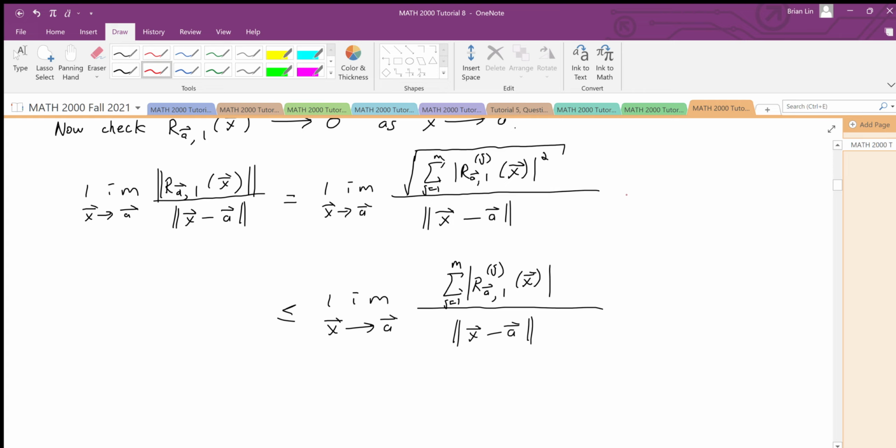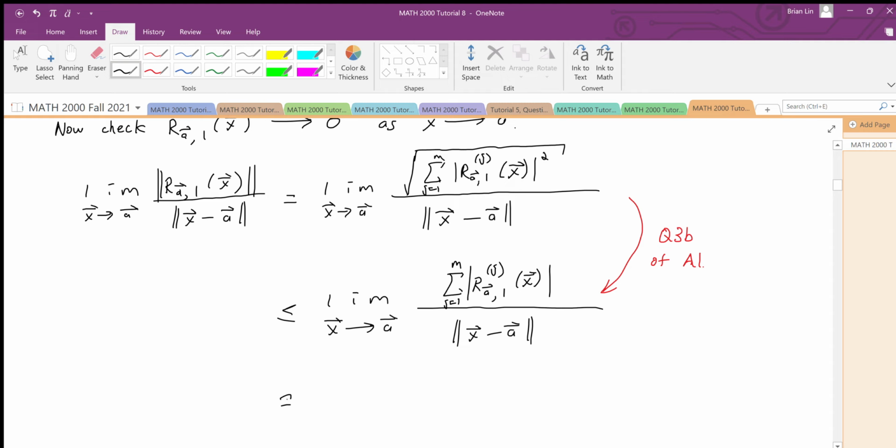So to go from here to here, that's by question 3b of assignment 1. There's an inequality there. I'm using that inequality right now for the numerator. But we already know that.